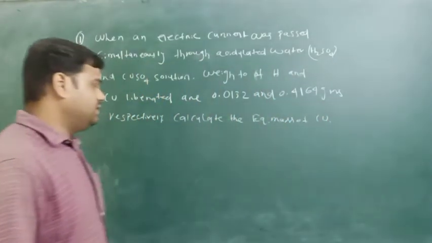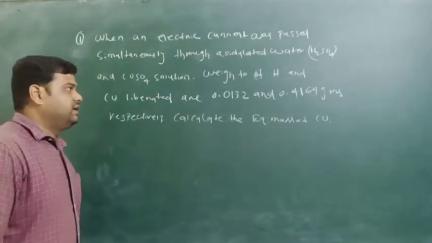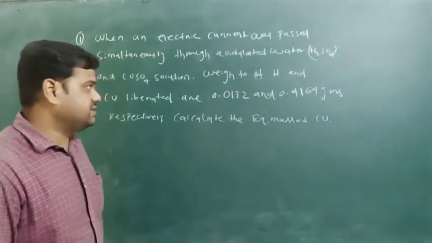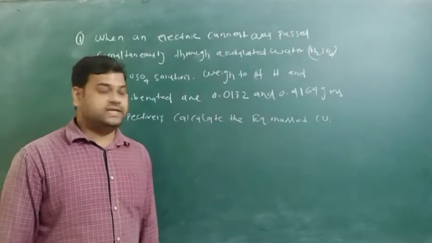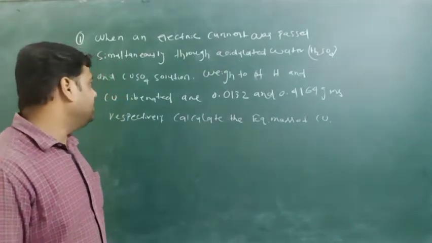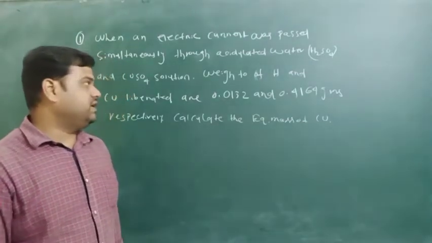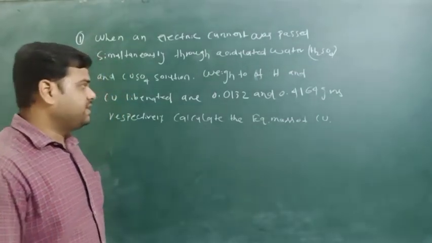In this question, a certain amount of current is supplied to the electrolytic cells. Here the two electrolytic cells are sulfuric acid and copper sulfate, which are connected in series.